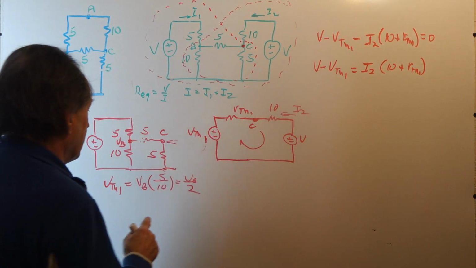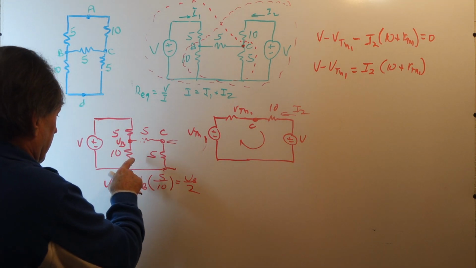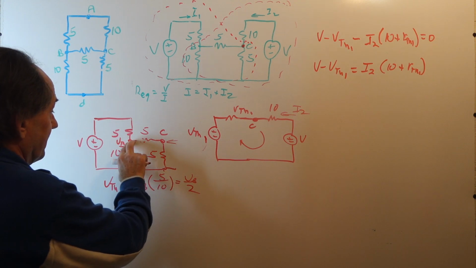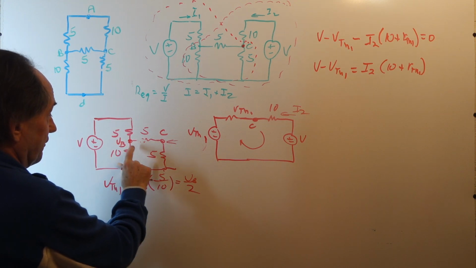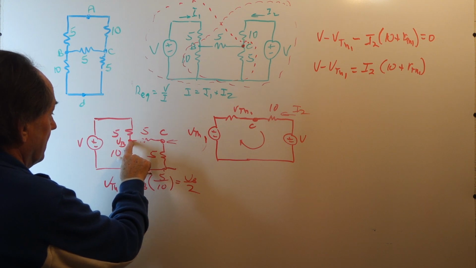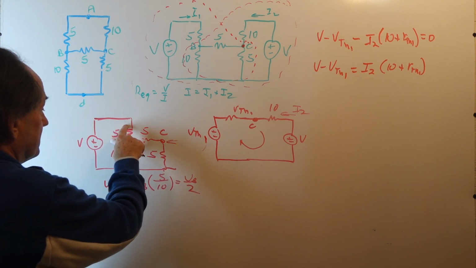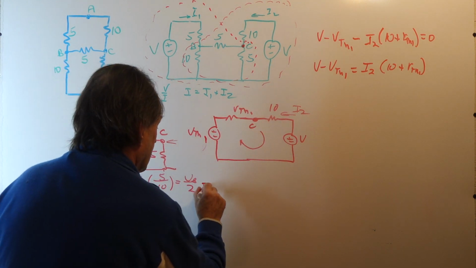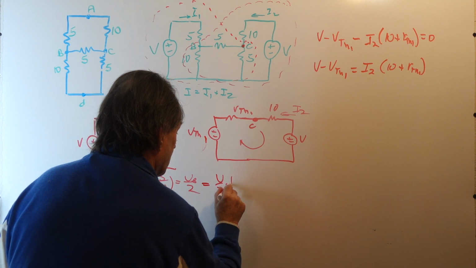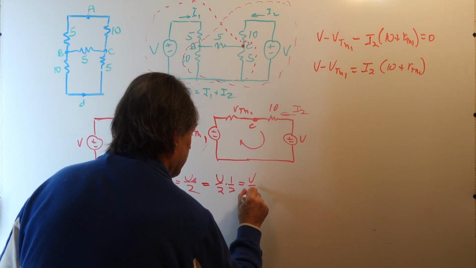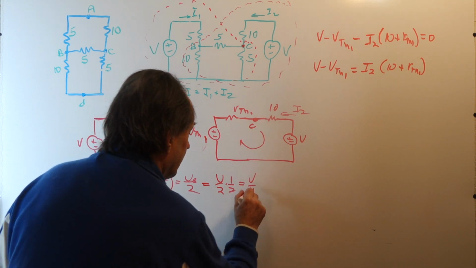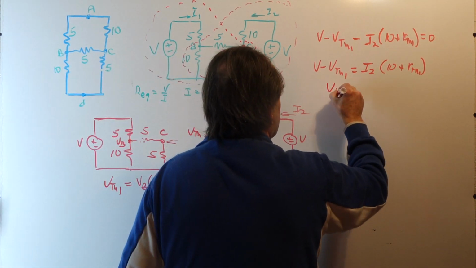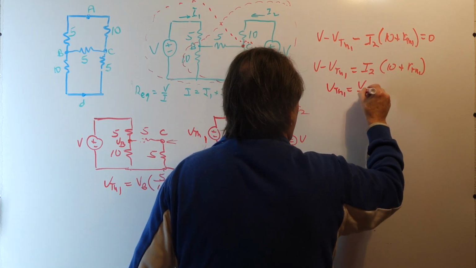So we can do this one in our heads. The 10 ohm resistor is in parallel with a 10 ohm resistor, which means the equivalent resistance is 5. We have an equivalent resistance of 5 ohms here and a 5 ohm resistor, so VB will just be V over 2. So V over 2 times 1/2, this is V over 4. That's our VTH1. So VTH1 is V over 4.